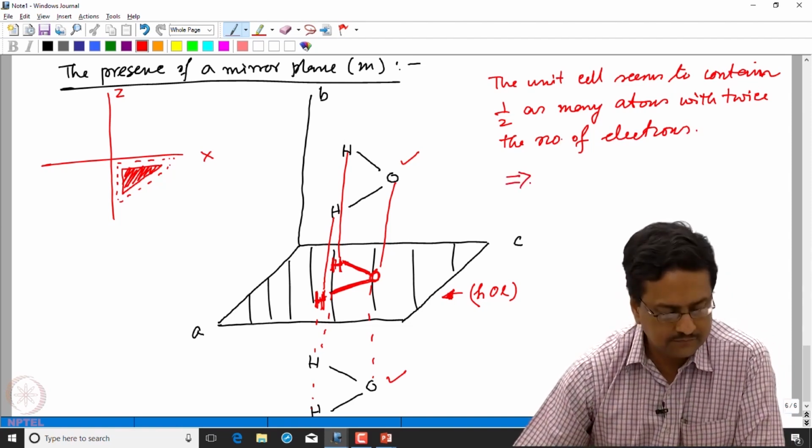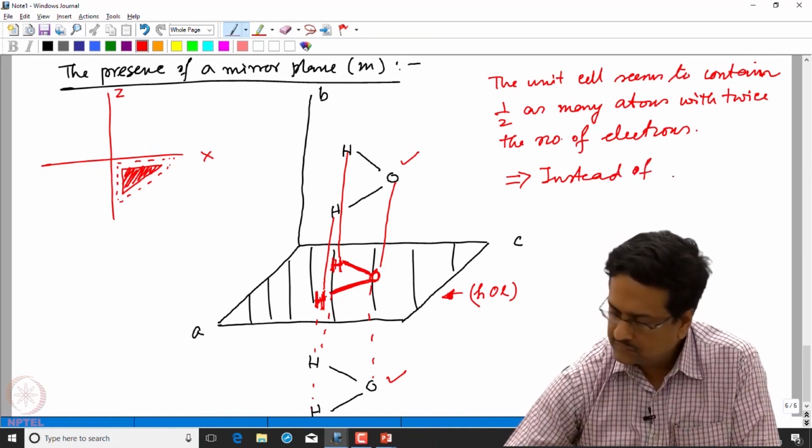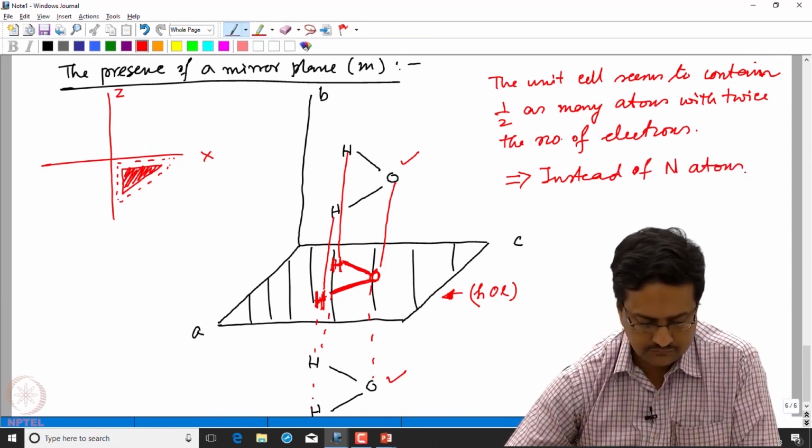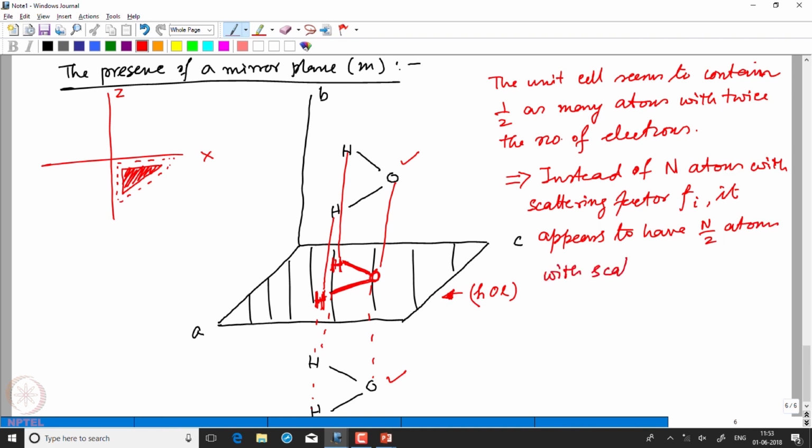So this indicates that instead of n atoms with scattering factor Fi, it appears to have n by 2 atoms with scattering factor twice of Fi.